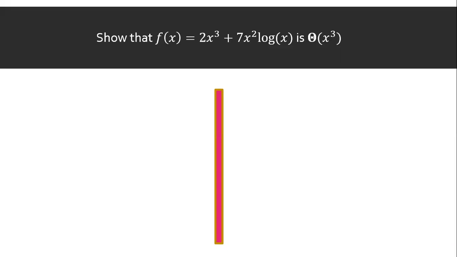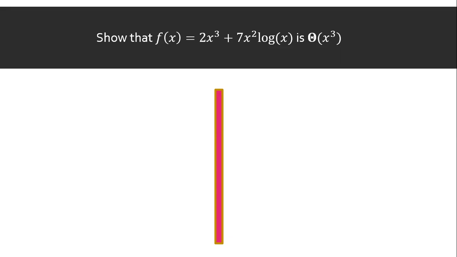Let's show that 2x cubed plus 7x squared times log x is on the same order as x cubed. Now, just looking at this one, you may start to get a feel for what we're going for. We had that table, listed in order of growth.